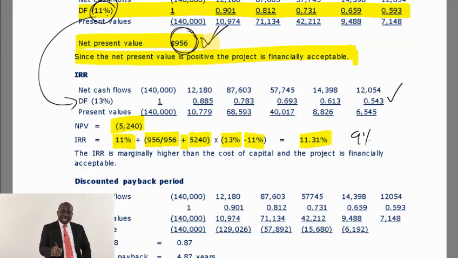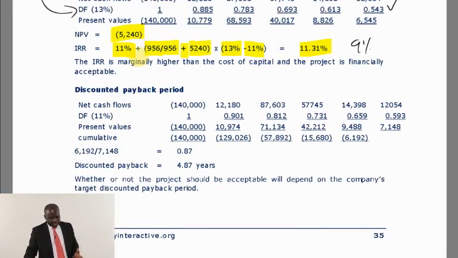So automatically, the rate that will bring the NPV to be 0 should be higher. NPV and cost of capital are inversely related because cost of capital is cost and NPV is profit, and profit is always inversely related to what? Cost. So that is the case.